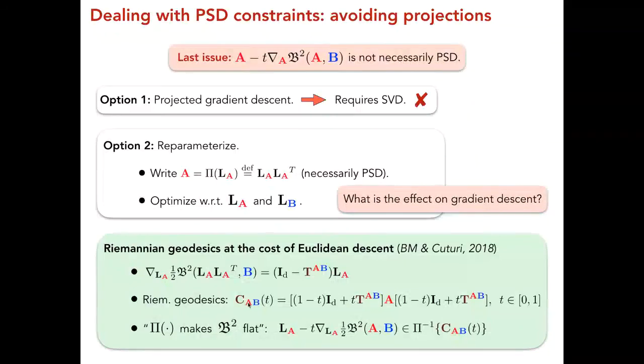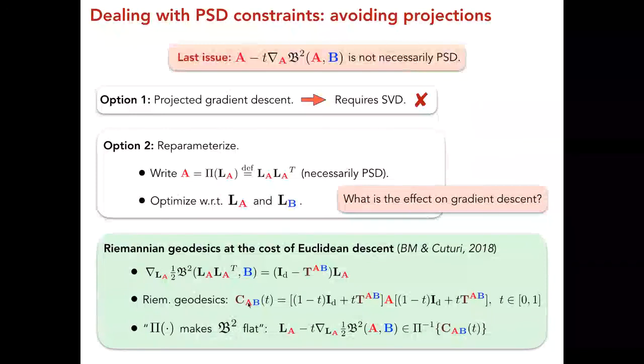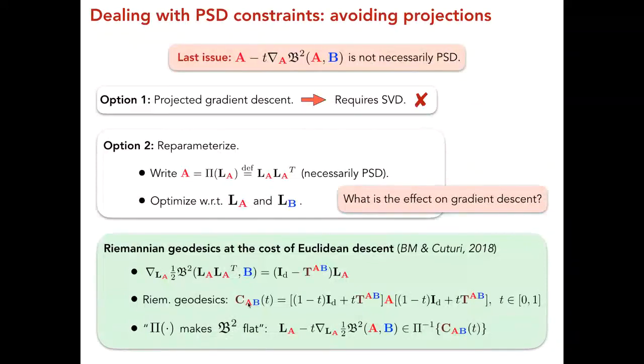And this is really remarkable because there's a whole field of optimization, which is called Riemannian optimization, in which people try very hard to approximate Riemannian geodesics to perform geometrically meaningful optimization. And in our case, in the Bures-Wasserstein case, we get this for free simply by using this parametrization.